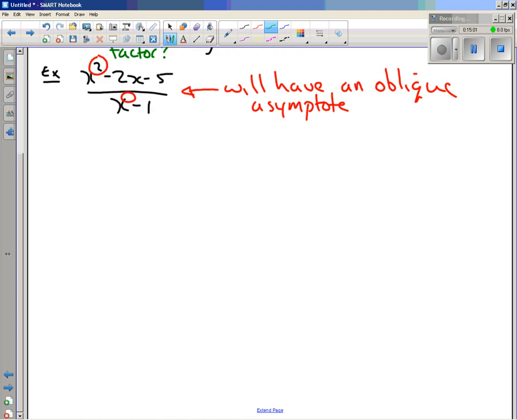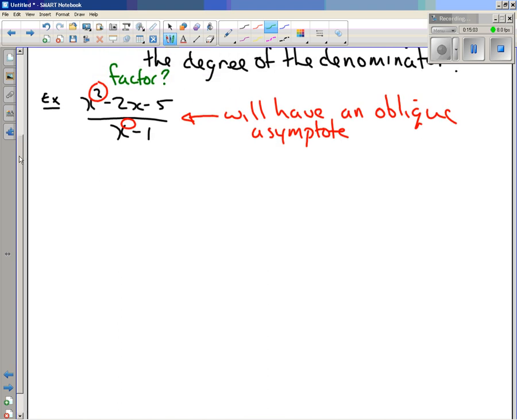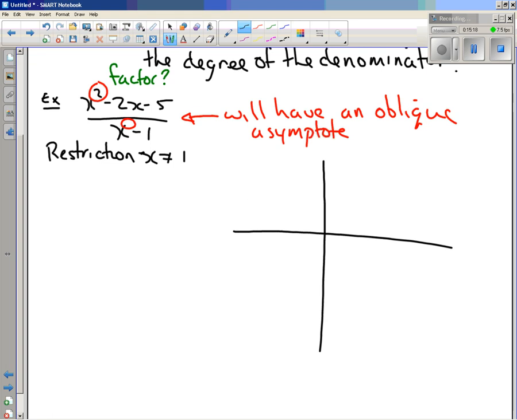So what's our restriction here? X can't equal +1. So if we start our graph, at +1, we have a vertical asymptote.